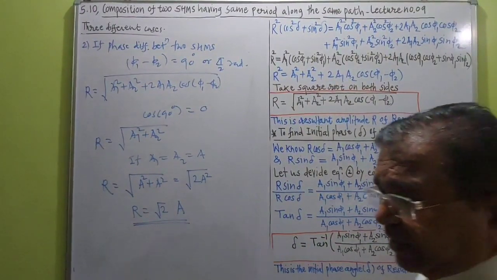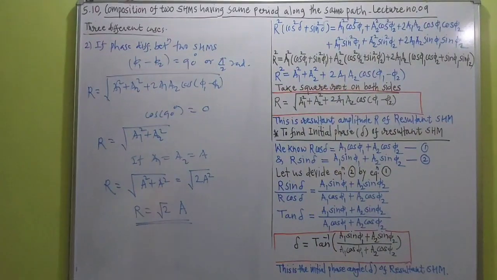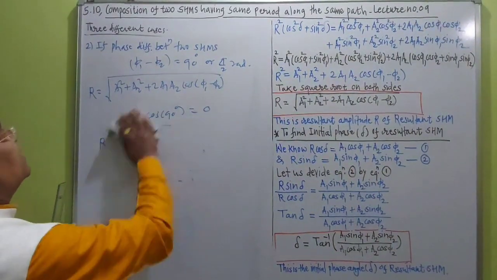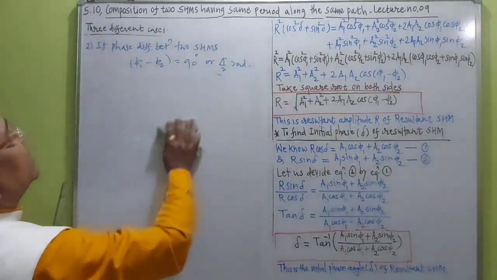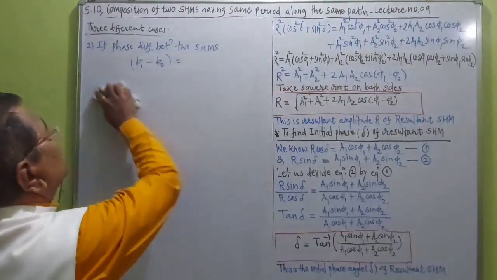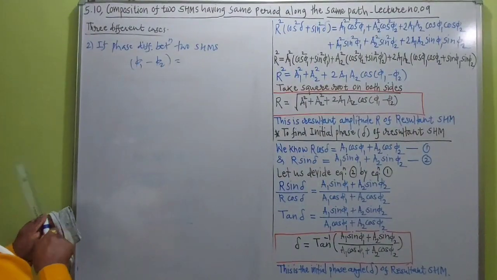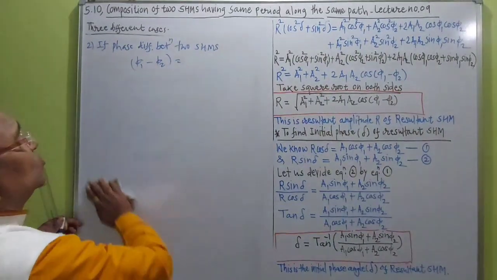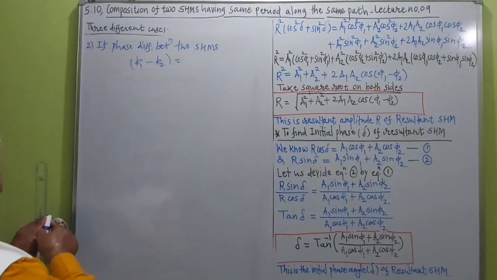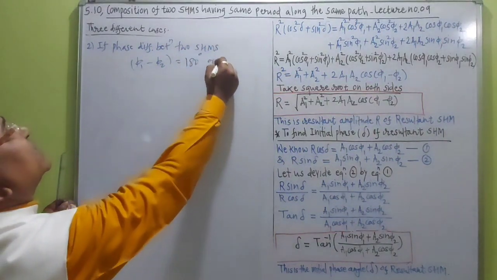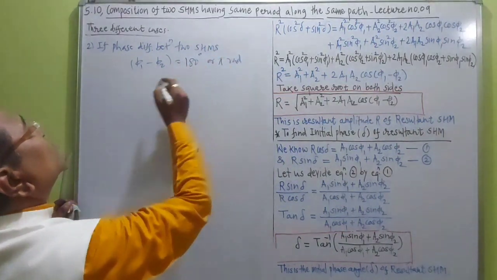Okay. The next case is, if the phase difference between two SHMs is 180 degree, or we can say pi radian, then what happens?